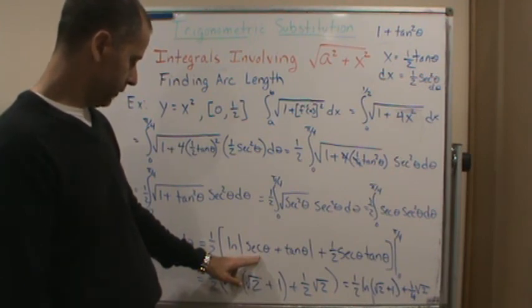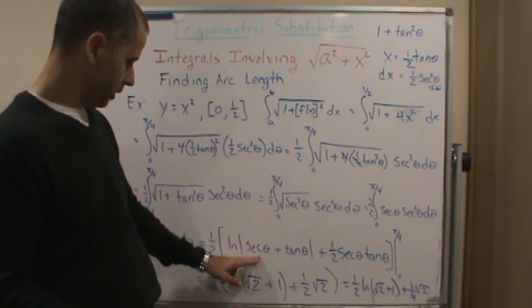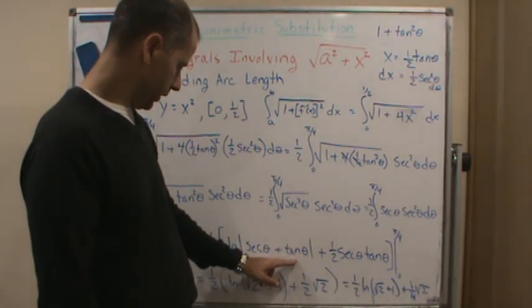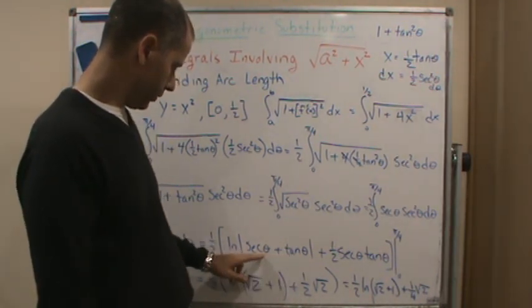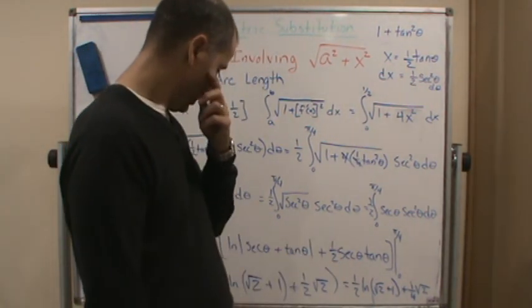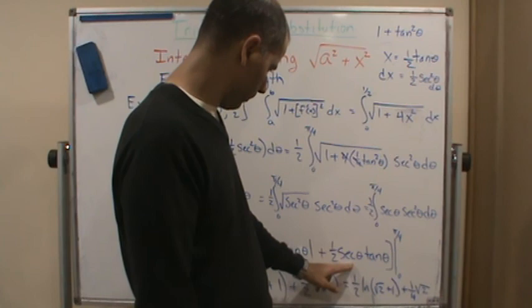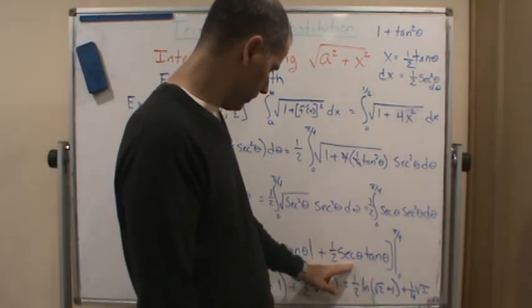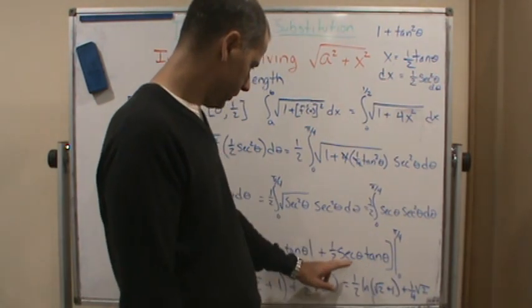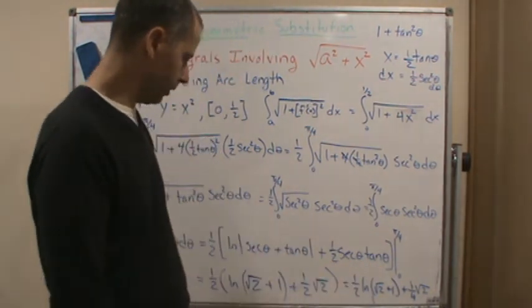Cosine of a 45 degree angle is 1 over the square root of 2, so secant, 1 over that, is square root of 2. This is going to be 1, so square root of 2 plus 1. So you get the natural log of that. And then this is secant theta times, so this is going to be 1, so this is just going to be the square root of 2 here as well.